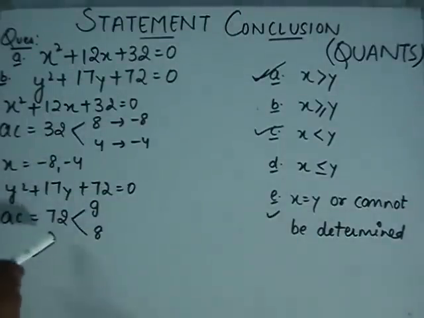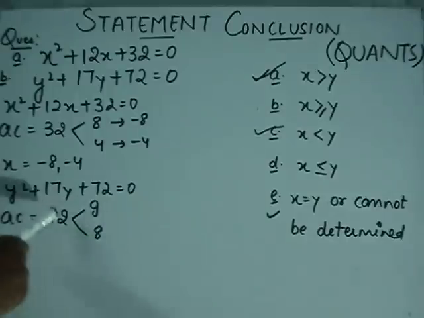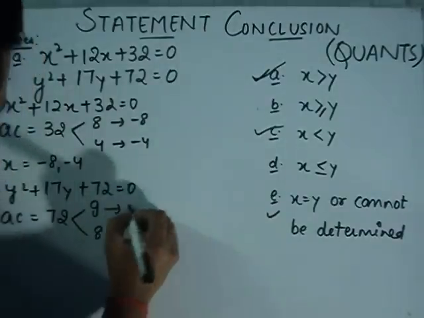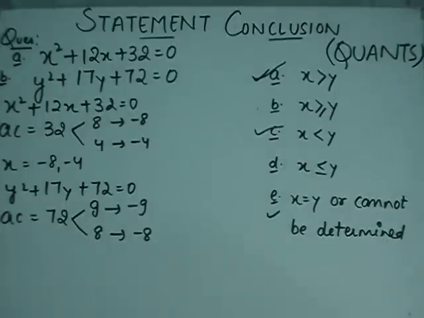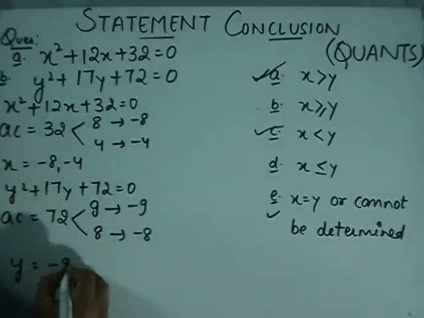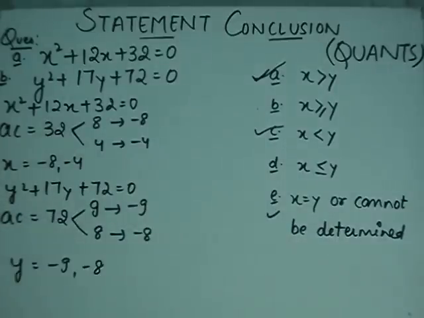On multiplication we get 72, and after addition we get 17. So these splittings are correct, but we have to change the sign. The coefficient of y is also 1, so my roots are -9 and -8.